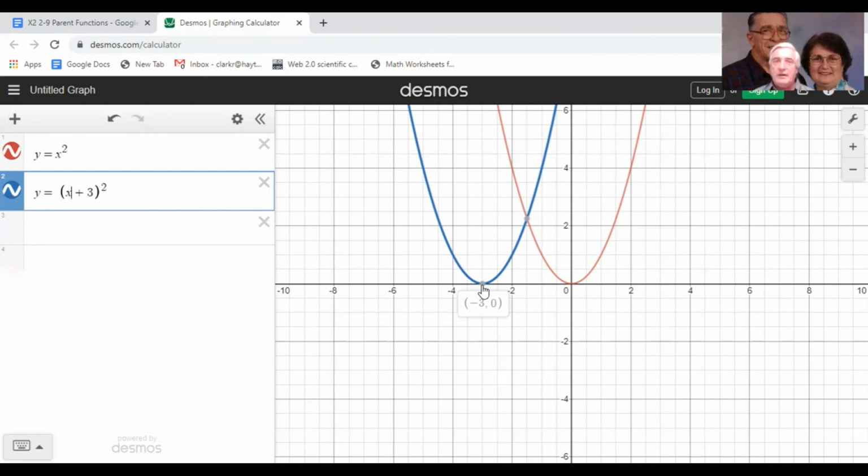Why is it -3? Because when x plus 3 is set equal to 0, we subtract 3 from both sides. X plus 3 in parentheses is the same thing as x equals -3. So as that sign changes, if you set this parentheses equal to 0, x becomes -3. If I do this, I should get a slide.